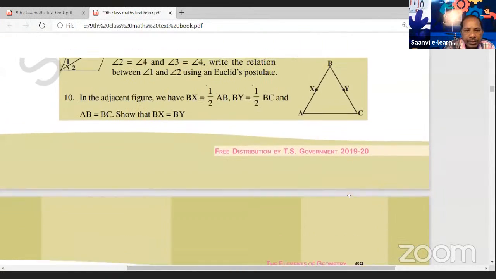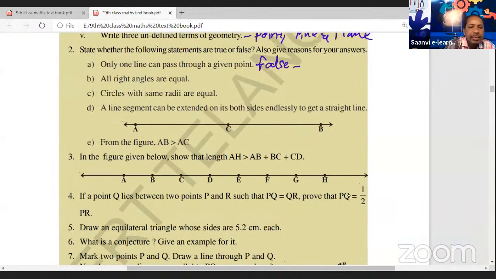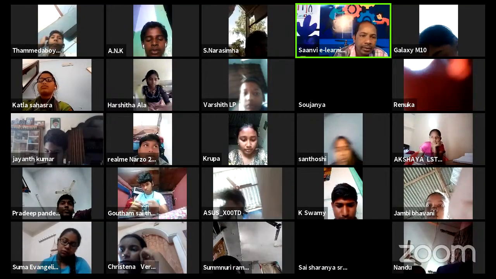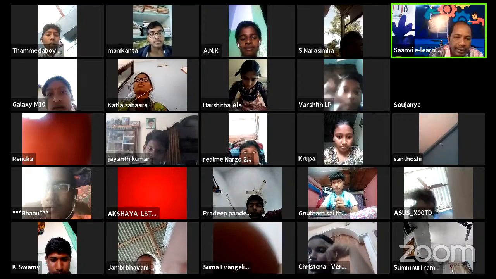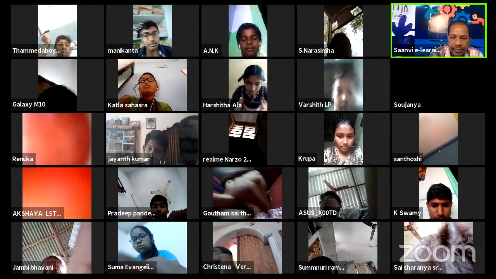And see the next one. Circles with same radii are equal. Is it true or false? It means if the radii of two circles are equal, then the two circles are equal, he is saying.